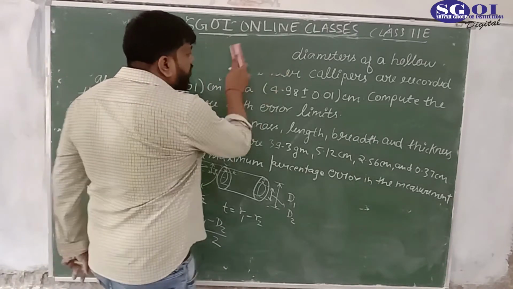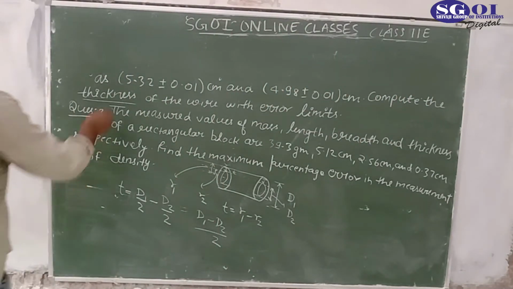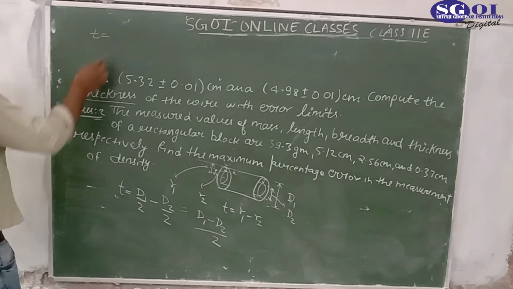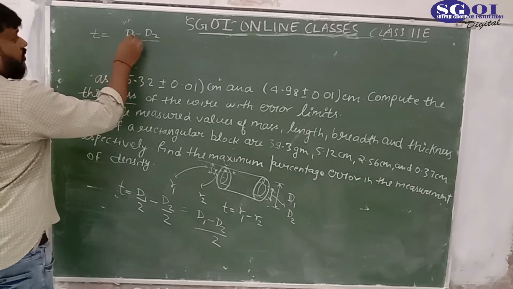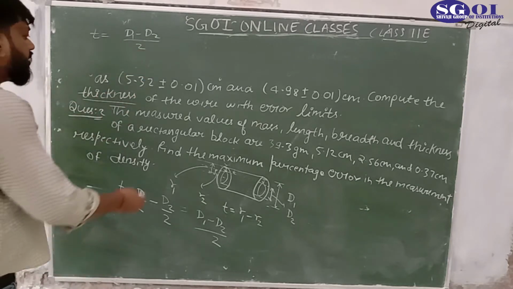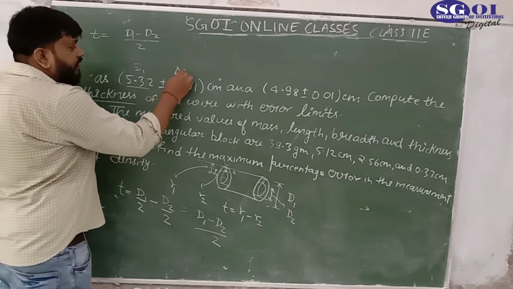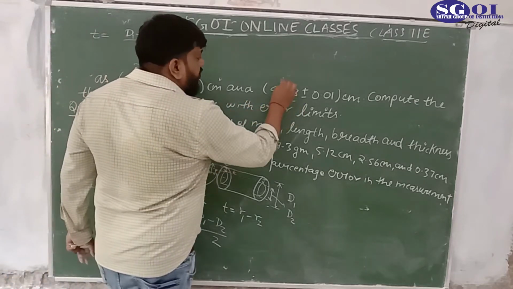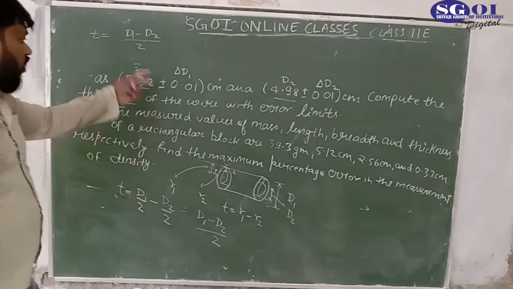I think it is clear. Now we will just put the values and solve the numerical. The relation is thickness T equals D1 minus D2 upon 2. Here this is D1, this is delta D1, this is D2, and this is delta D2. So put all these values here.